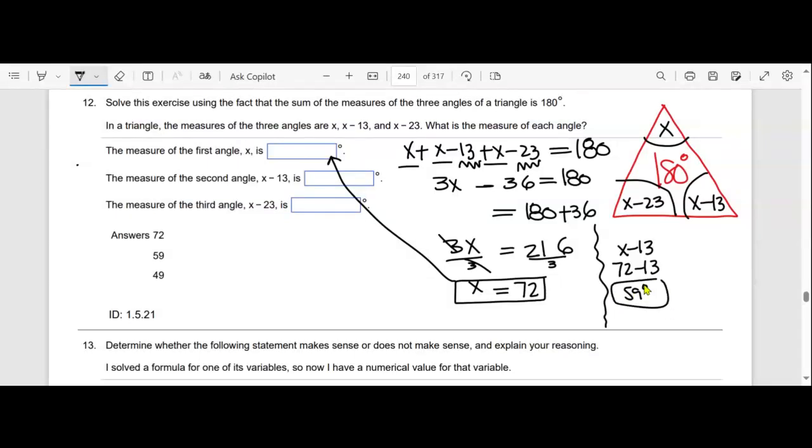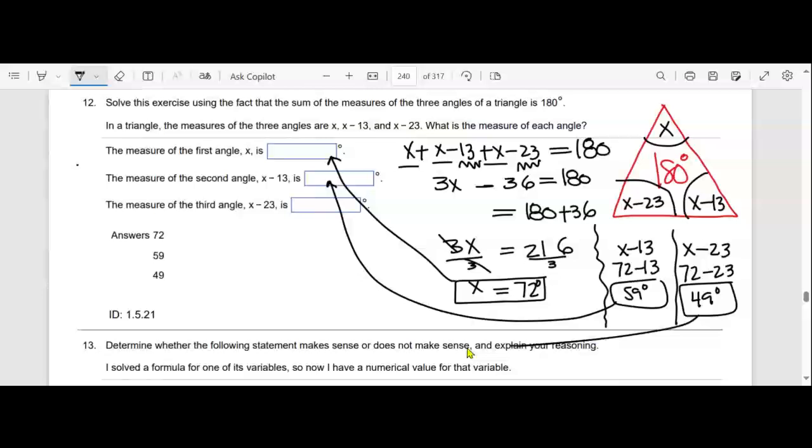So the second angle is 59. Now go to the last angle, x minus 23. 72 minus 23 is 49. So you write the answers over there. Okay? Easy?